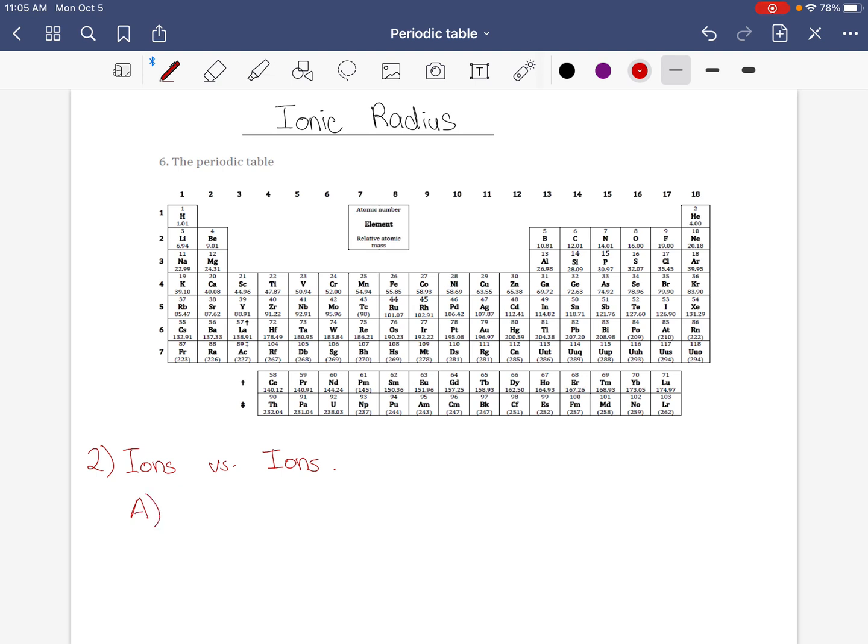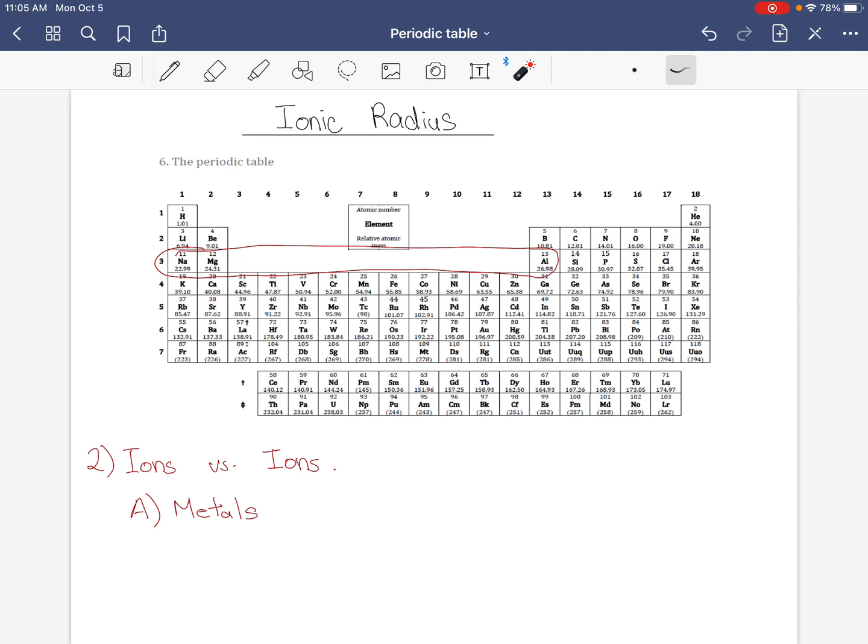Let's look at the metals. Let's look at these 3 metals. If I were to make ions out of these 3, what would the trend be?